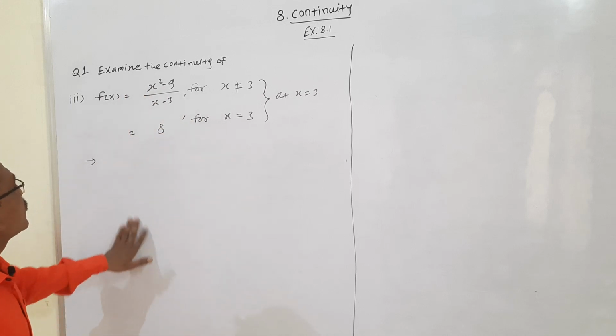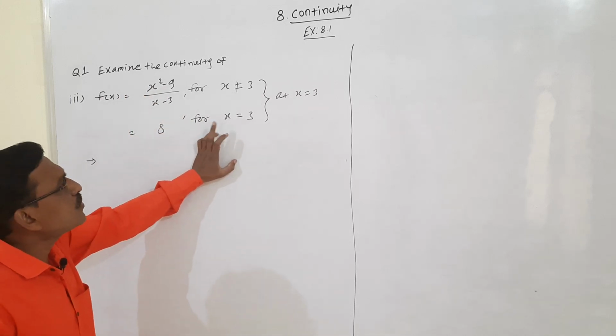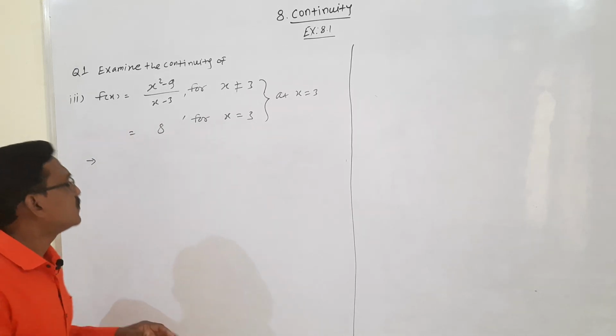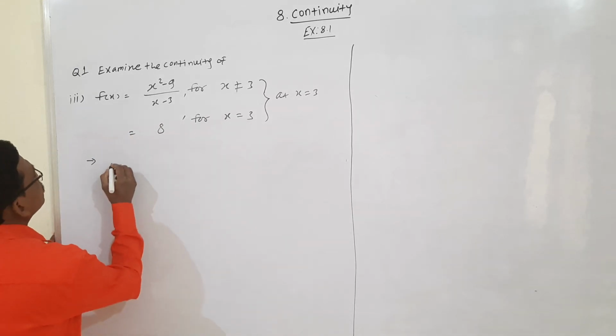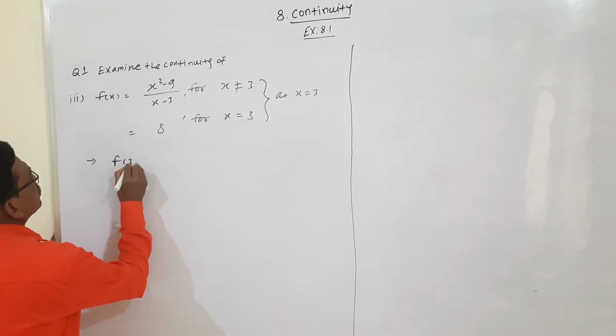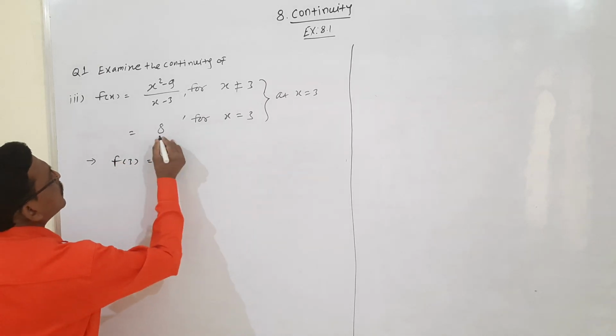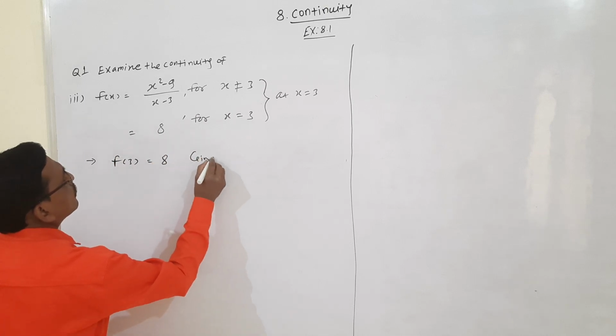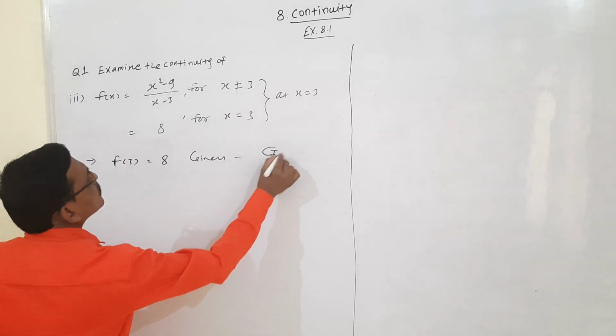So first, at x equal to 3, f of 3 is given. f of 3 is equal to 8 here. Call this equation first.